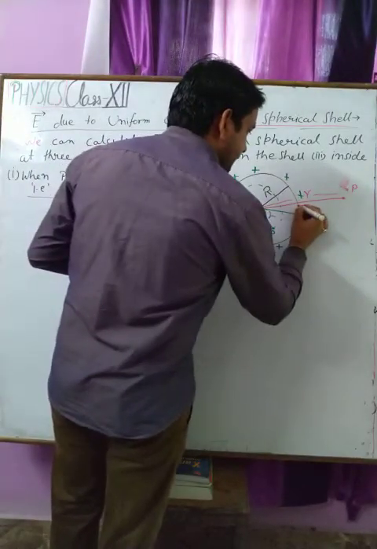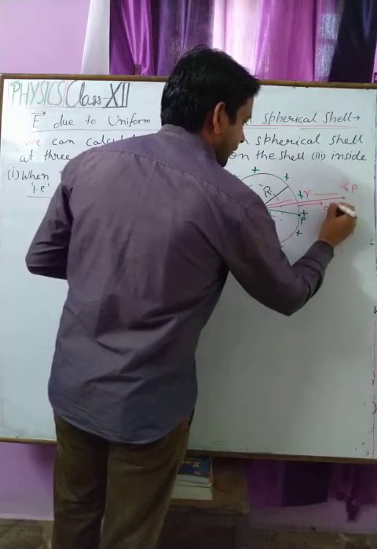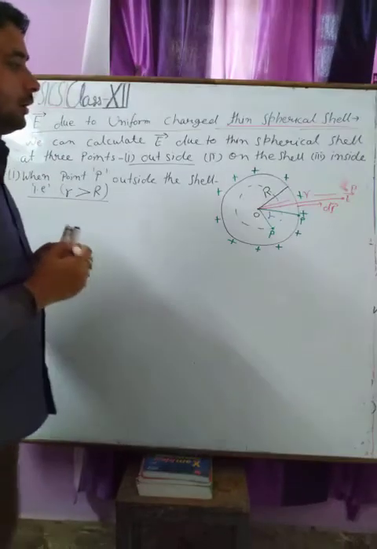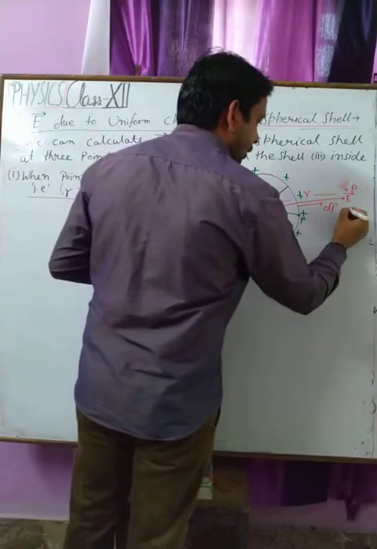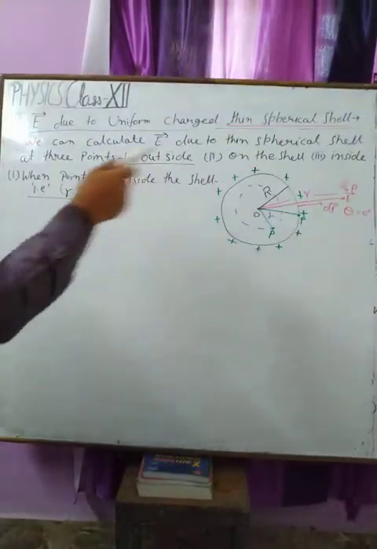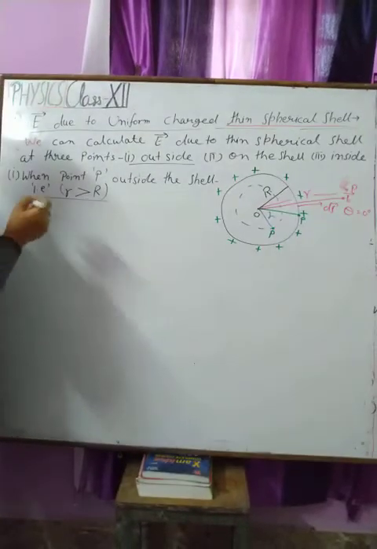At this point, this is the area vector and this is the electric field line. So the angle for the outside point, theta, is 0 degrees. Clear, students?